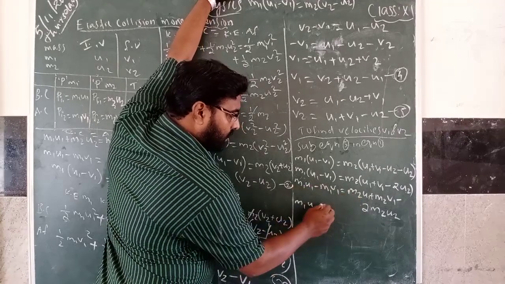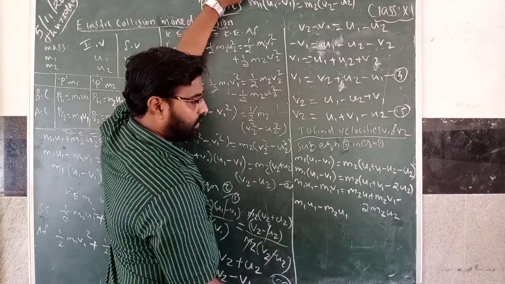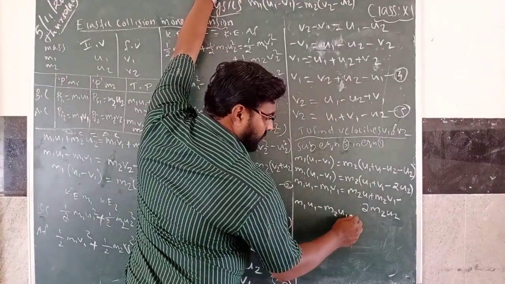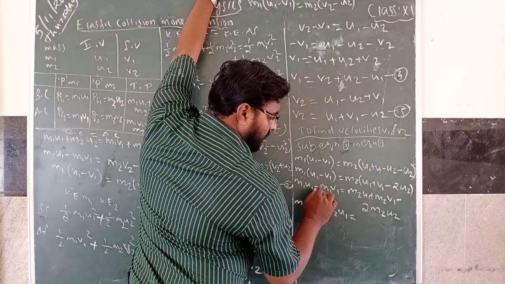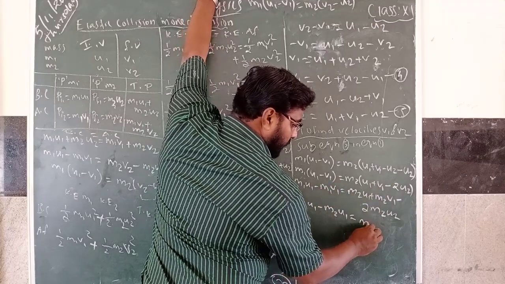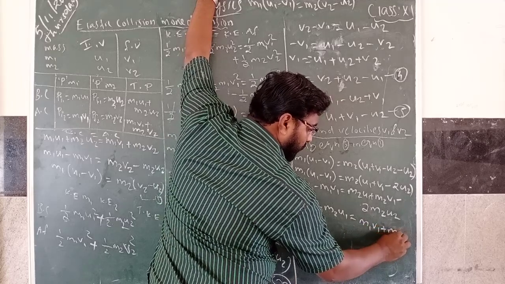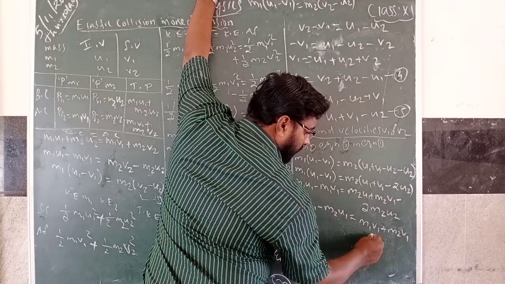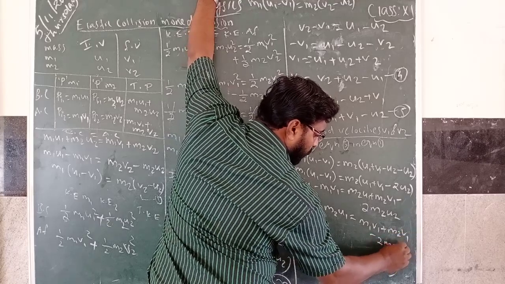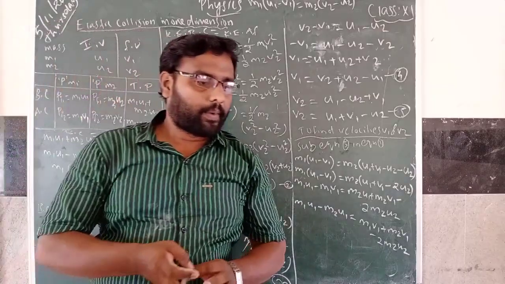M1 U1 minus M2 U1 is equal to this minus, take that side. So M1 V1 plus M2 V1 minus 2 M2 U2. Okay.